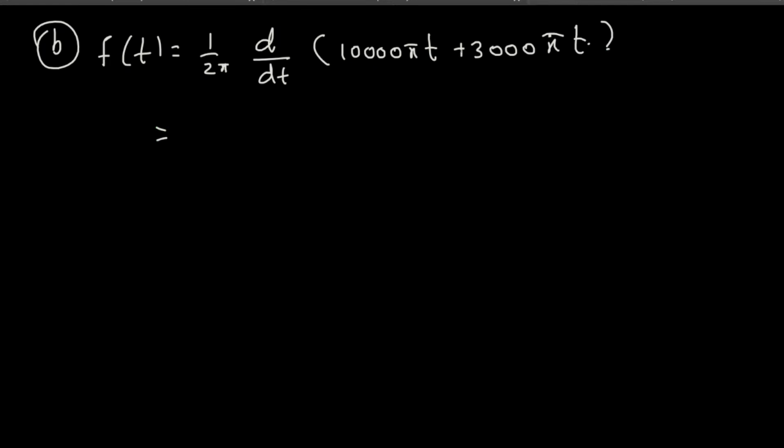If you take the derivative of this, all the t terms will be gone, so you will get just 13,000 pi. So 13,000 pi divided by 2 pi is 6,500 hertz, and that's our f(t).